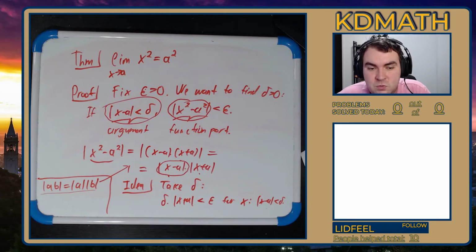What we did here was try to very carefully understand what a good educated decision about the delta would be. To see how we would do that, we slowly worked through the factoring of x squared minus a squared. The idea was to find a delta such that if |x minus a| was less than delta, then delta times |x plus a| would be less than epsilon.